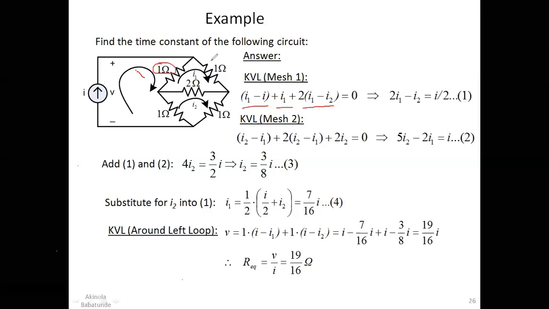The voltage across this other 1 ohm here will be I1 times 1. This is I1 minus I2 times 2, the voltage across these 2 ohms. You equate it to 0, and then if you solve that and rearrange it, you have 2I1 minus I2 equal to I over 2.